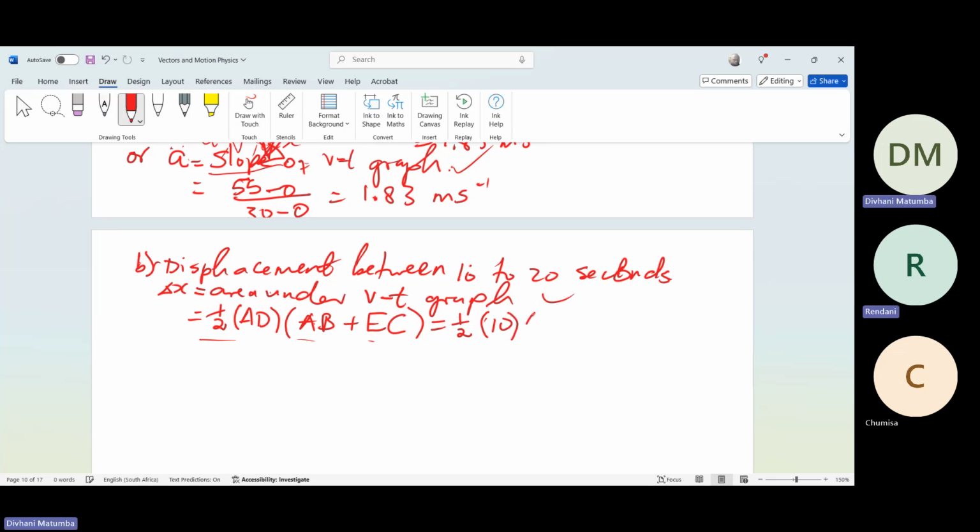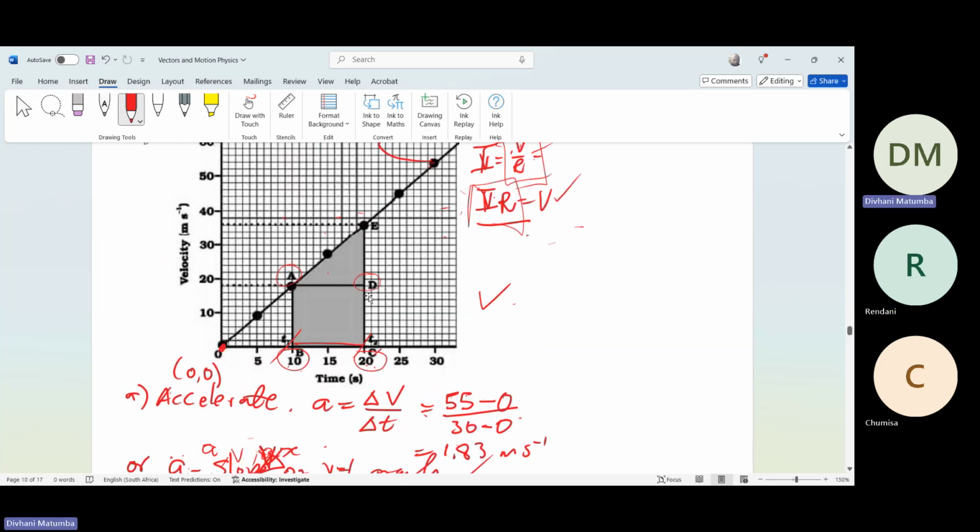And then AB, again, we're going to do the same thing. So what is AB, Rendani? We're still going to say, wait, 30 minus, 20 minus what again? It's not entirely 20, it's here. 18. 18, right? Yeah. 18 minus 10. Minus 10.